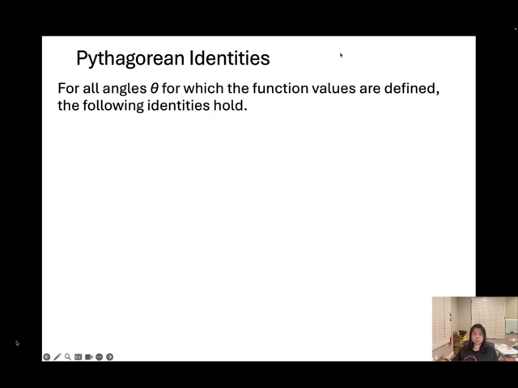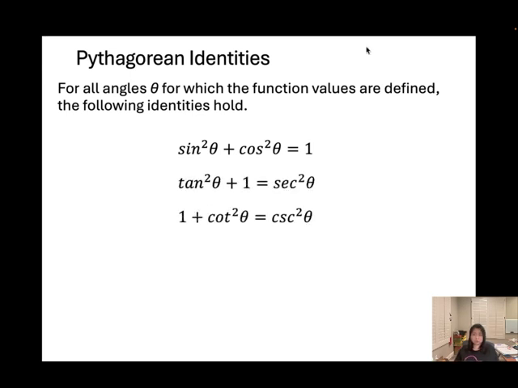Pythagorean identities. For all angles theta for which the function values are defined, the following identities hold. First one, sine squared theta plus cosine squared theta equal to 1. Now I'll show you guys these three identities.